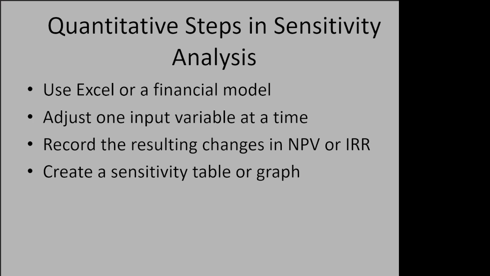Then record the effect on your chosen financial metric, like NPV. You repeat this for each variable, adjusting up and down within your defined range. To make this easier to interpret, many people use a sensitivity table or a line graph to visualize how the output responds to changes in each input. This helps communicate your findings clearly to decision makers or stakeholders.